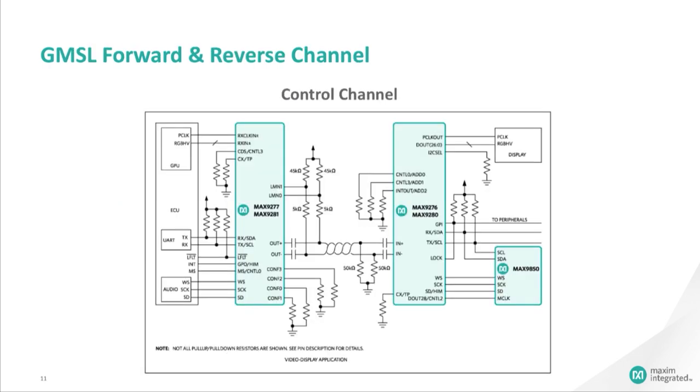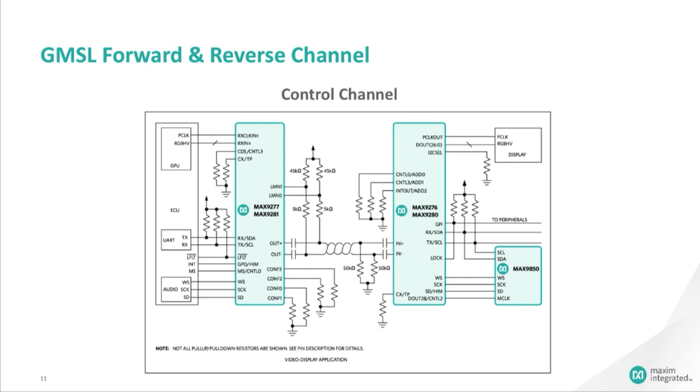An additional feature of Maxim's GMSL SerDes control channel is the ability to translate from UART to I2C. In the example shown, the serial link is used in a remote display application with the electronic control unit, or ECU, on the serializer side and a display on the deserializer side.